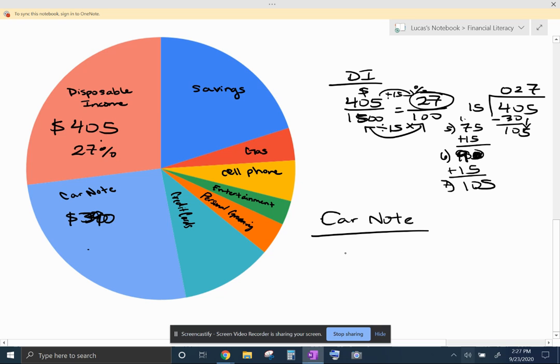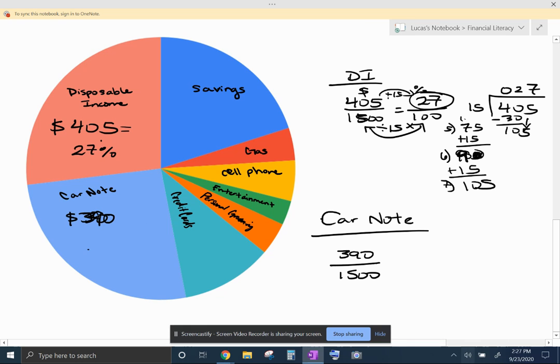So the car note is actually $390 of this $1,500. Now I want to ask you that when our disposable income was $405 and it was 27%, we know that these are equal. Okay, so the part that $405 is 27%.